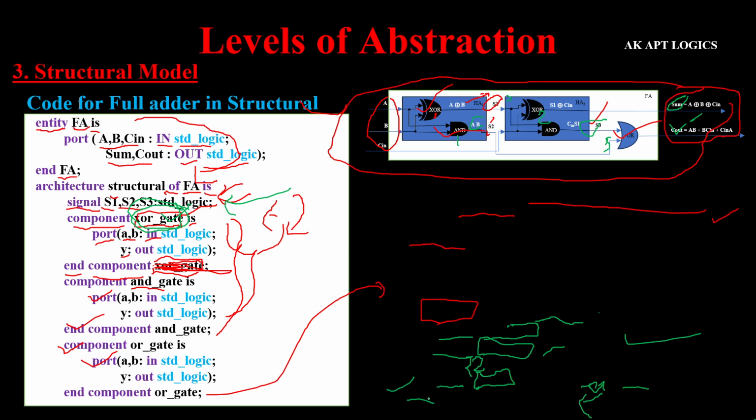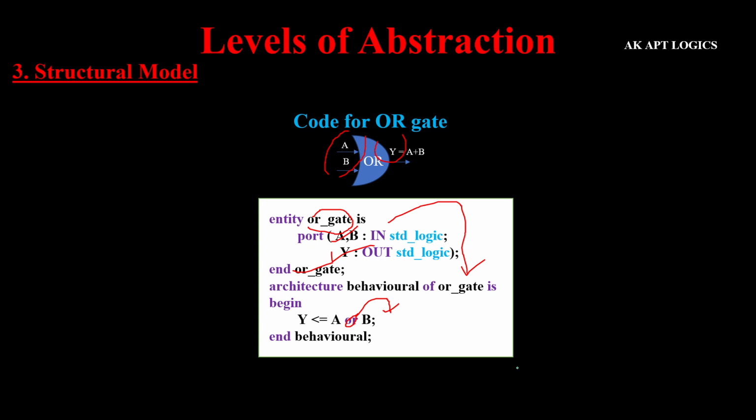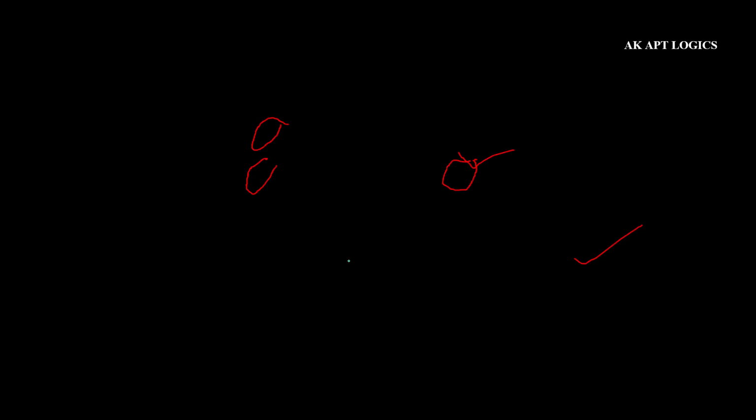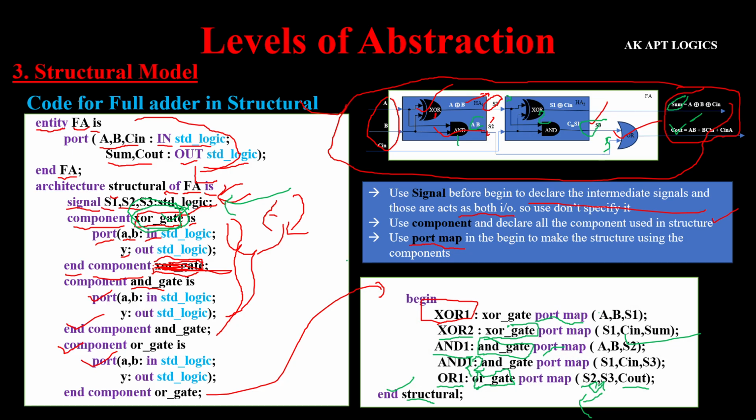What I have told you is, in the entity port clause, first you mentioned inputs a comma b, and then the output. So when you use the port map, it expects three values, two inputs and one output, in the same order in which you mentioned them in the port clause written in the entity.